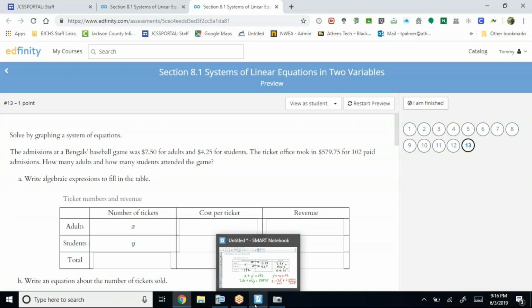But you can do it by elimination as well. Just remember the rules. If your variables drop, you've got two numbers being compared. If the left side equals the right side, then that's an infinite amount of solutions. But if the left side doesn't equal the right side, meaning like 1 doesn't equal 2, that'd be no solution, which would mean it's a parallel line. So just be aware of that.